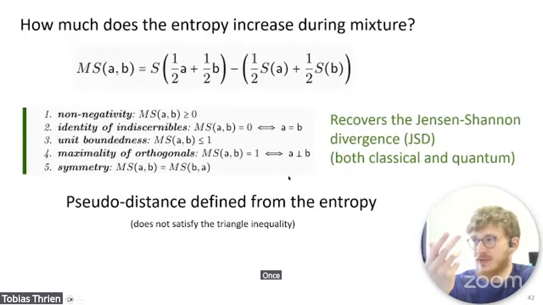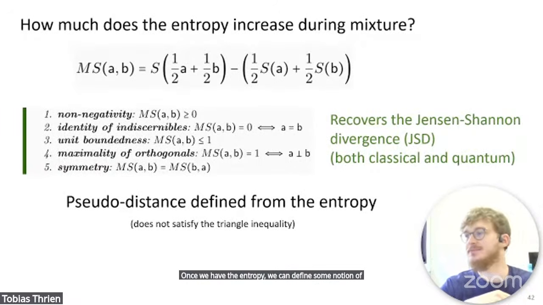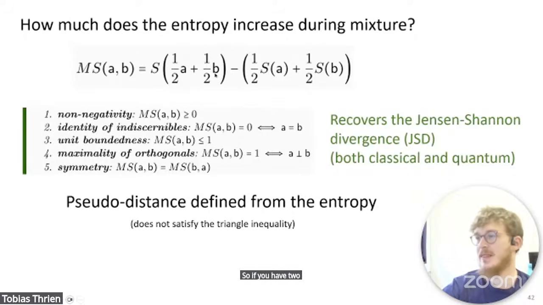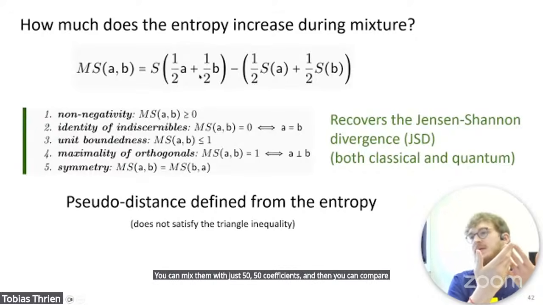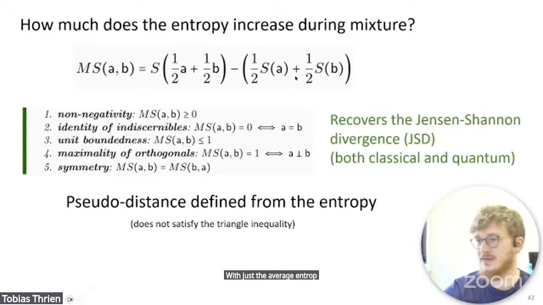Once we have the entropy, we can define some notion of distance. If you have two ensembles A and B, you can mix them with just 50-50 coefficients, and then compare the resulting ensemble with just the average entropy of them individually.